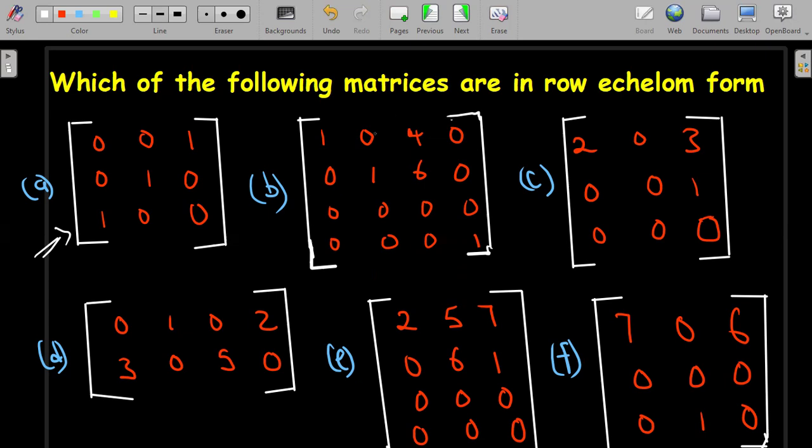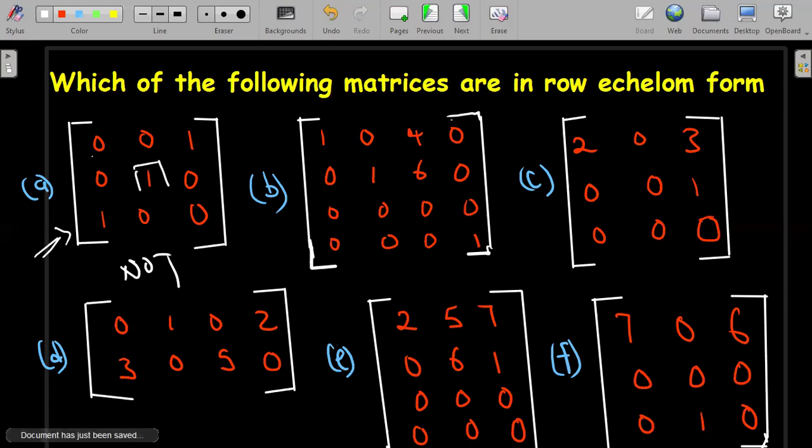The first matrix, A, is not in row echelon form. What are the reasons? The first row has no pivot; there's a 0 there.